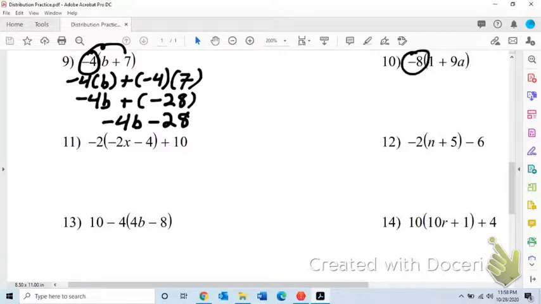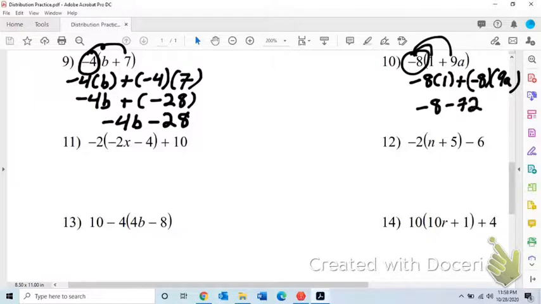With number 10, we distribute that negative 8. We get negative 8 times 1 plus negative 8 times 9a. Negative 8 times 1 is negative 8, plus negative 8 times 9a is negative 72a.